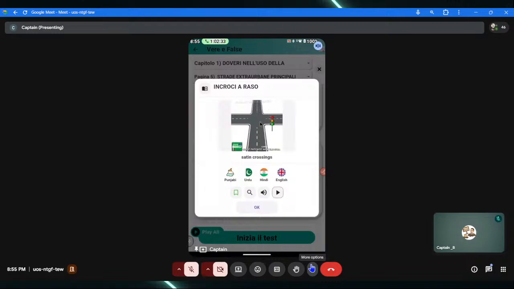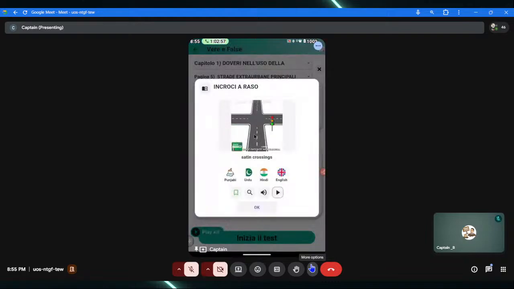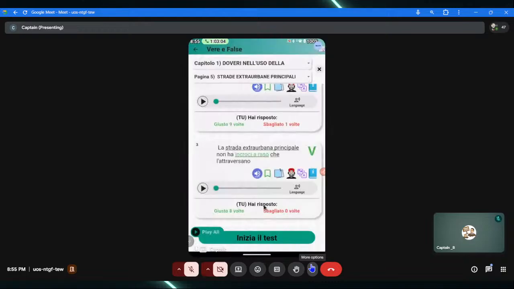No. It's always going. Now highway. La strada extraurbana principale, which is this suburban road, no incrocio a raso. It does not have a level crossing road. All right? And it is true. È vero. Incrocio a raso, meaning something crossing like this. A level crossing. È vero.